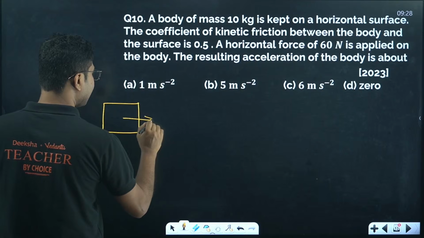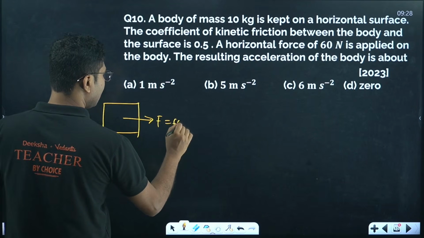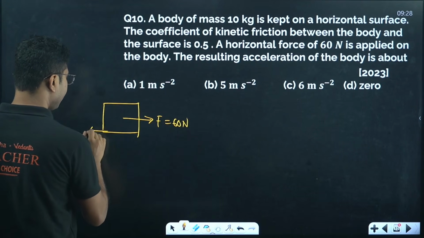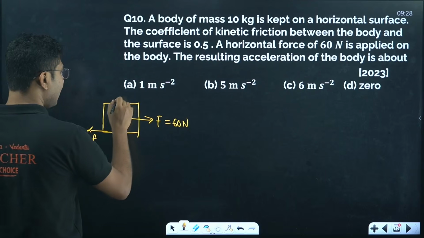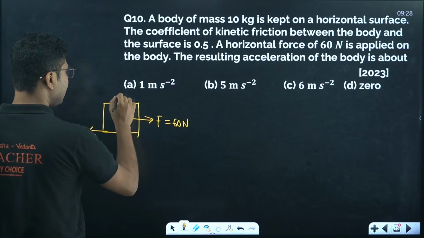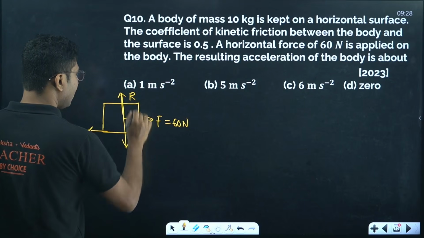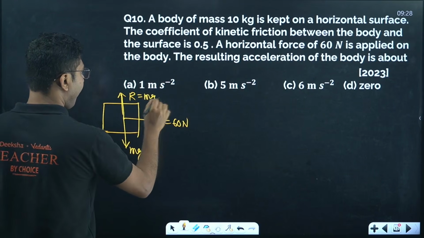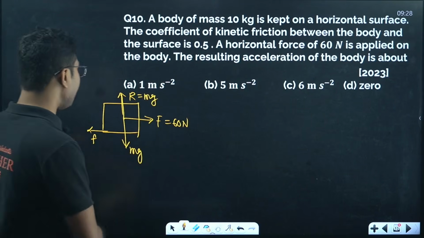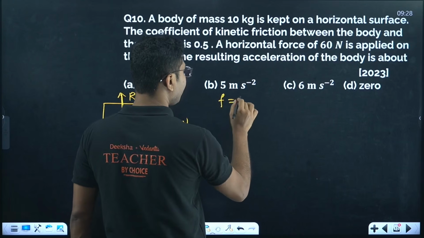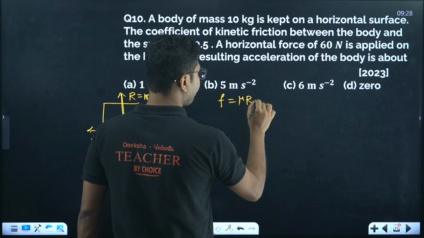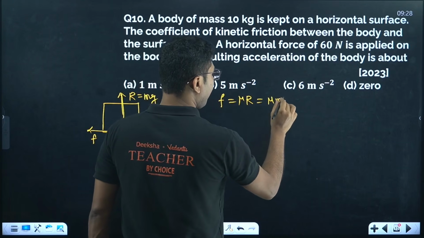So the force acting on this is 60 Newton, and there is a force of friction, given by F. What is F? Because it's kept flat horizontally, the reaction force will be exactly equal to mg. So the frictional force will be mu R, that is mu mg.